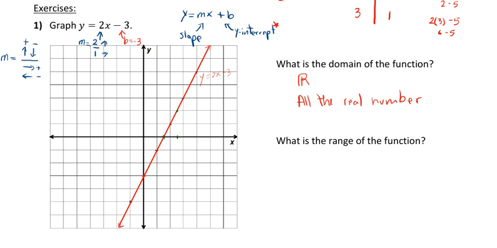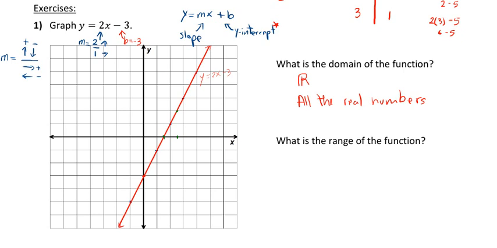Now, for the same reason, on the other question, the answer will be the same because it says what is the range of the function. Again, this line could go infinitely up and down. Therefore, the values of y, which is the range, the values of y that we use, could go up forever or down forever.